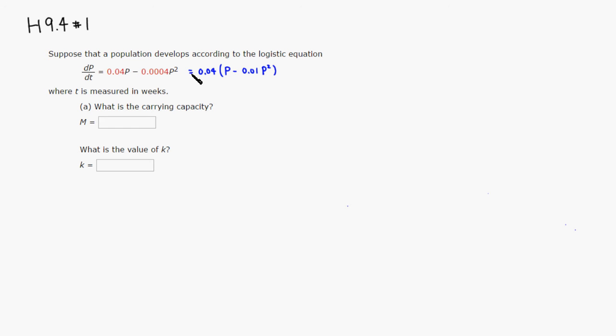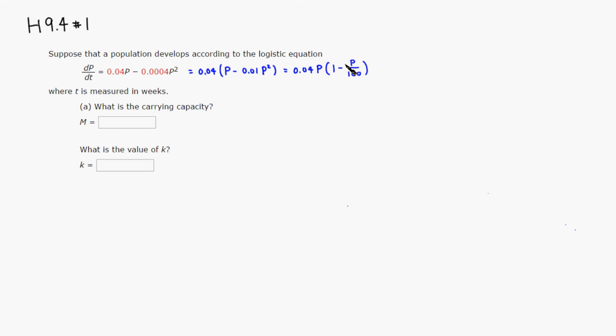And we can actually pull out P too, so it's going to be 0.04 P times 1 minus, right? 0.01 is 1 over 100, and the P is pulled out, so you're going to have P over 100.